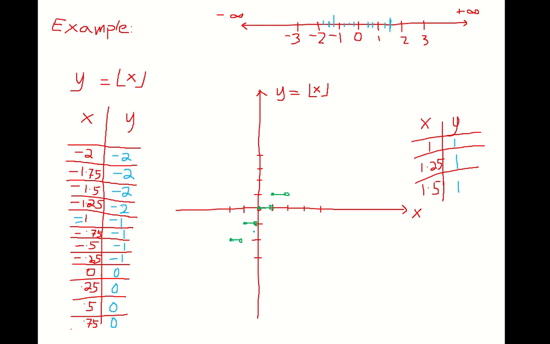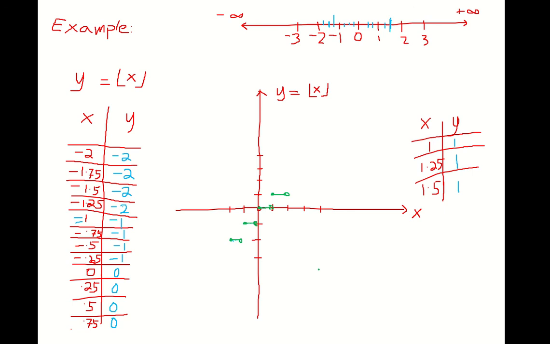Okay, and then you just continue it. So that is the greatest integer function. This is a step function, or the floor function. Okay, so I think that's all for today for the greatest integer function.